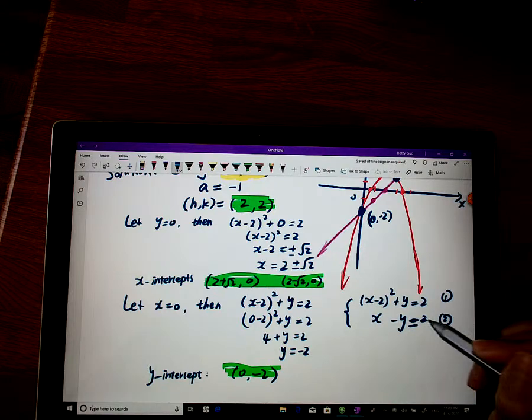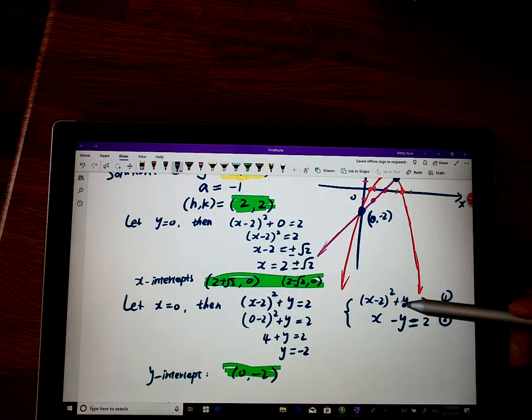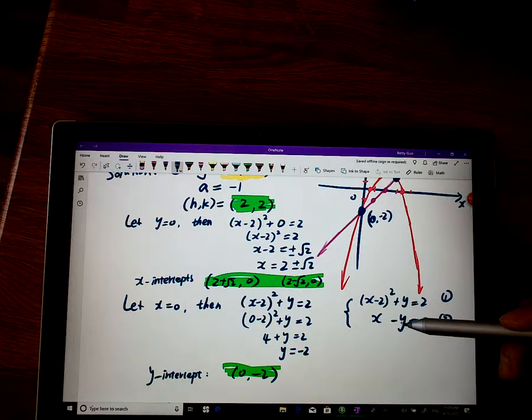Algebraic methods to solve a system include the substitution method, also the addition method. We talked about those two methods before. It is pretty convenient to apply the addition method because if you look at the coefficient of y in equation 1, it is a positive 1. The coefficient of y in equation 2 is a negative 1.